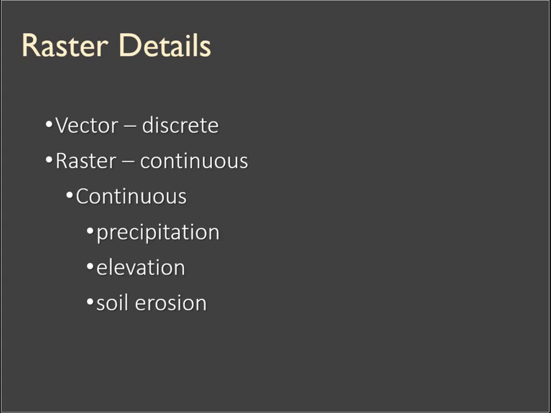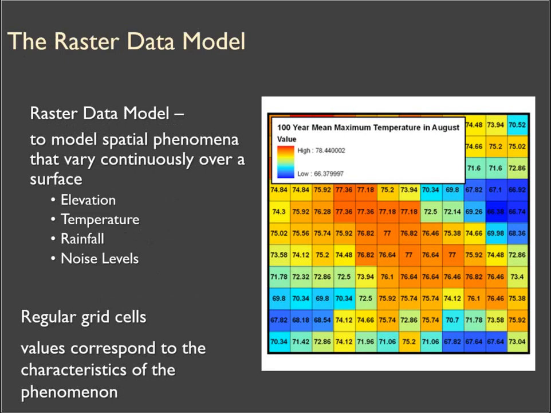So rasters become really powerful in their own way, and I'll show you some of the tricks that we can do with raster data. But I do think it's helpful to start thinking generally about the types of data and then think about the best or most efficient way of digitally representing them. Okay, the raster data model.